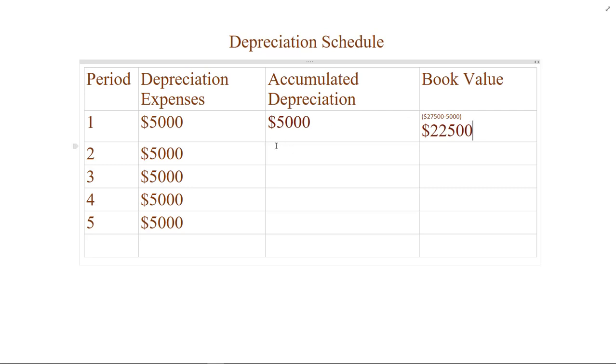Coming to the second year. In the second year, again, depreciation expenses is equal to 5,000. This is what we have calculated before. Accumulated depreciation, as we said, is the summation of depreciation.